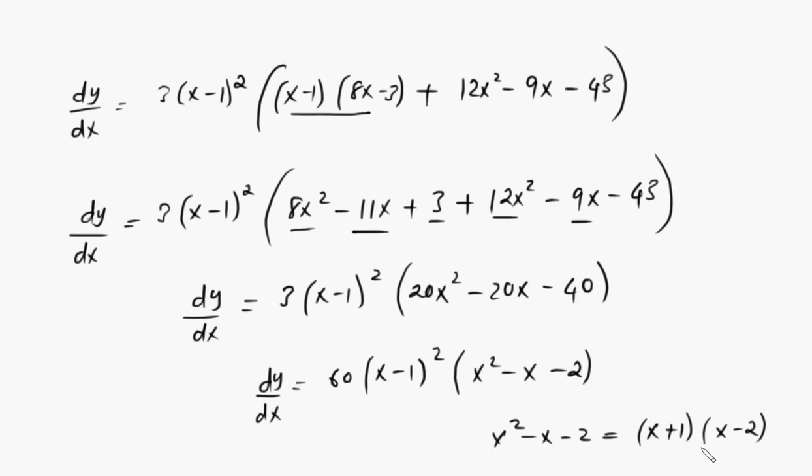So finally, my dy/dx now is just 60. We have (x minus 1) squared, and then we have (x plus 1), and then we have (x minus 2). Like that.